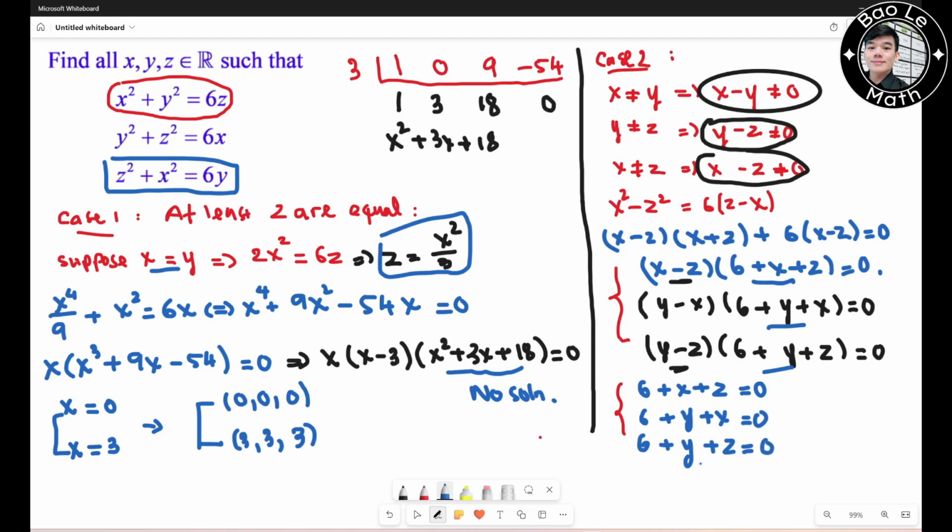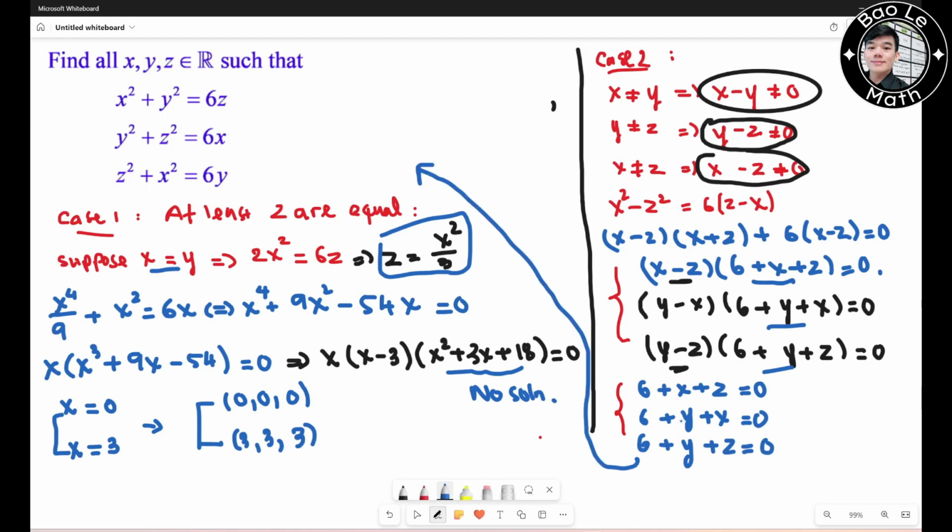Now subtract these vertically. What do we have? Subtracting the second one from the first one, it's going to be z minus y equals 0. Subtract the third one from the second one, it's going to be x minus z equals 0.